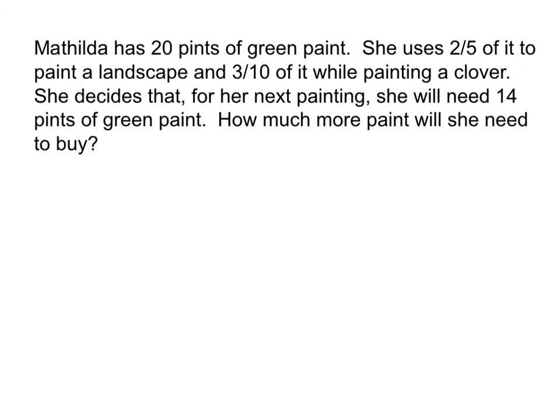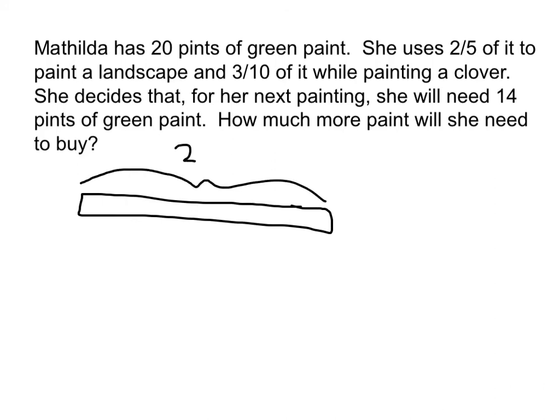Now perhaps a more clever way to solve this problem is to recognize that I have 20 pints of green paint and we're going to use 2/5 for the landscape and 3/10 for the clover.